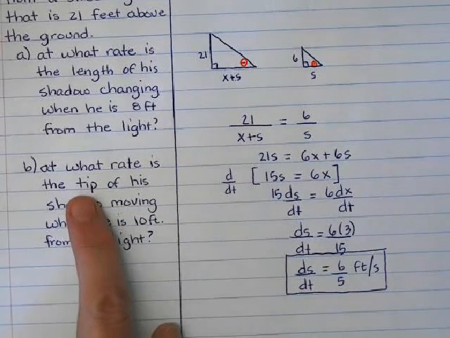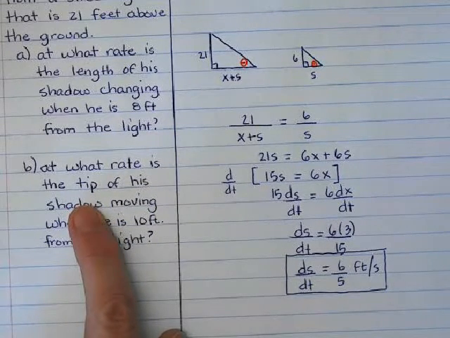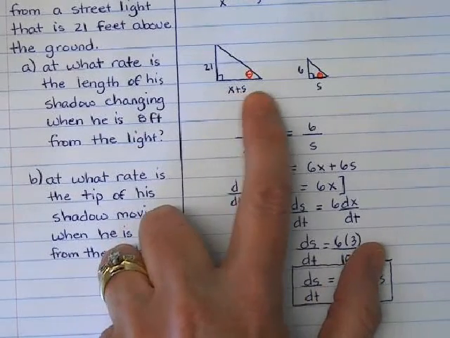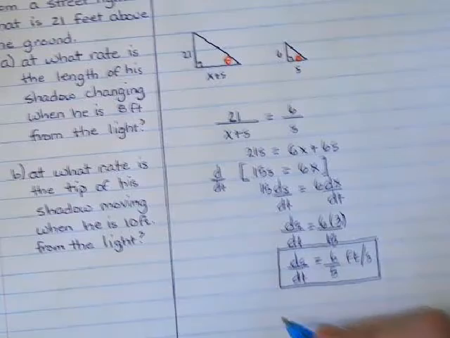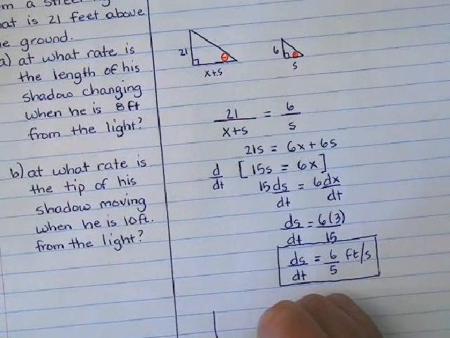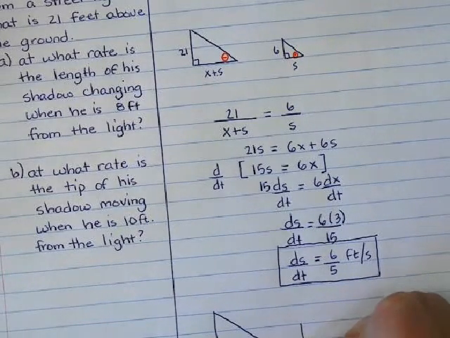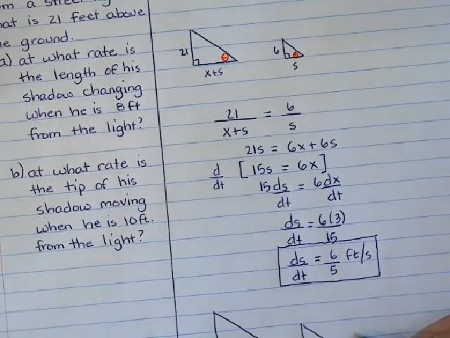Now let's look at what rate the tip of the shadow is moving. So we're looking at this length right here. This one's kind of tricky. We still have the same thing going on here.